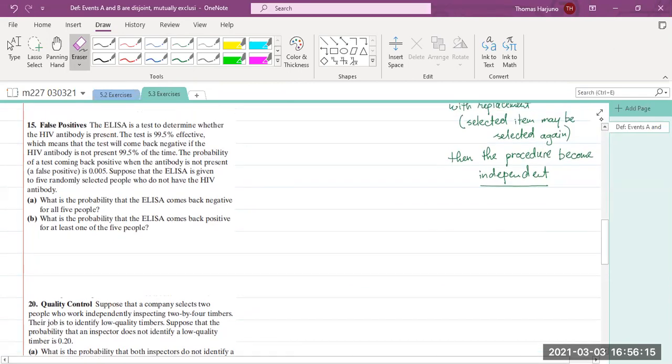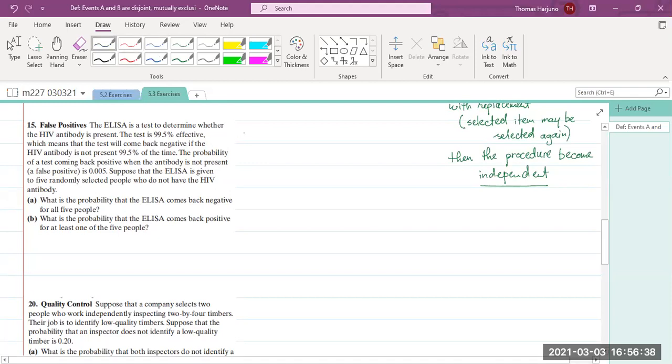Okay, number 15. The ELISA is a test to determine whether the HIV antibody is present. The test is 99.5% effective, which means the test will come back negative if the HIV antibody is not present.